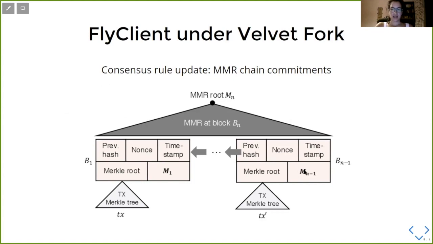What happens here is a random sampling of a few blocks, and then along with Merkle proofs, the client should verify that these Merkle proofs are all consistent with one another.